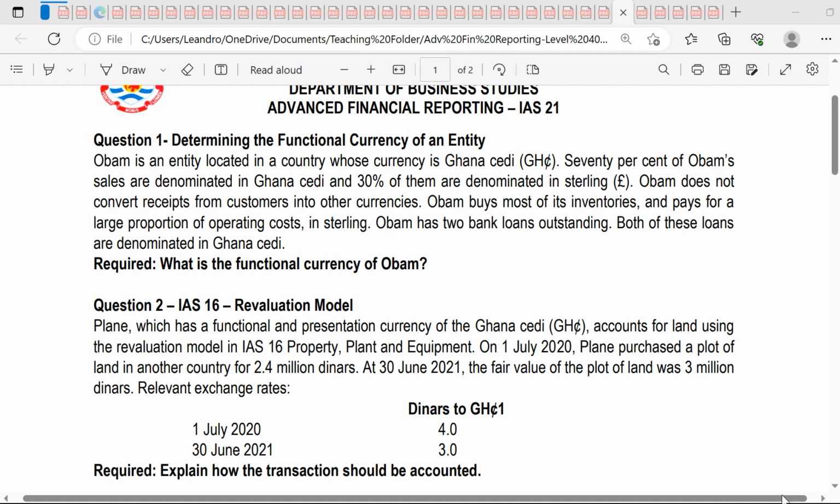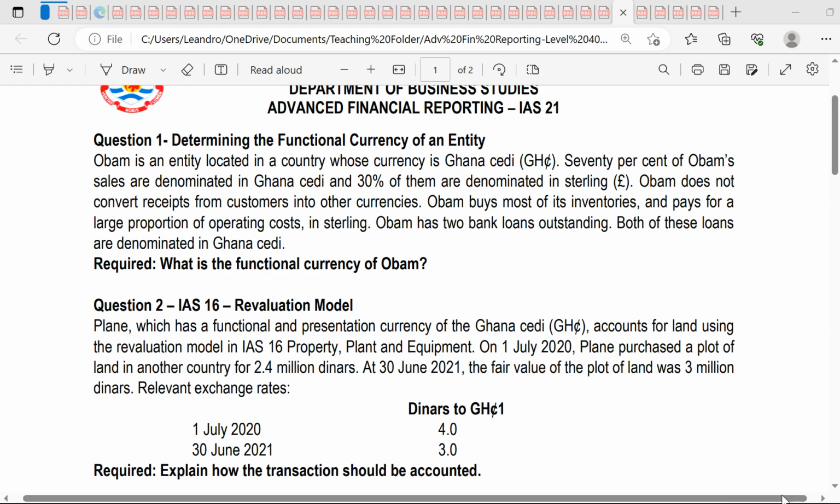What that means is there will not be any change in exchange rate, because if you recorded it using 1:1, at the closing date, the reporting date, you still use 1:1 because it's non-monetary and it is carried at historical cost. And so you use the historical rate.